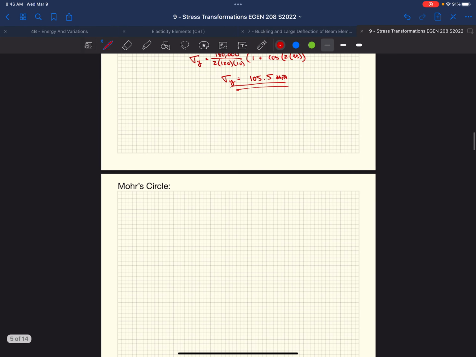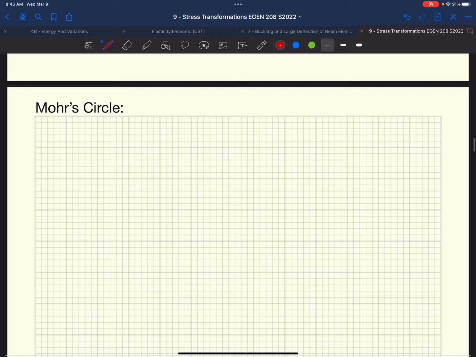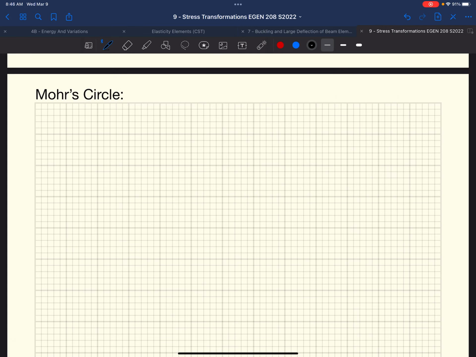Well, we can do this with Mohr's circle, and we can do it fairly easily. We need our axes, so I'm going to put in our axes. It might run something like this.